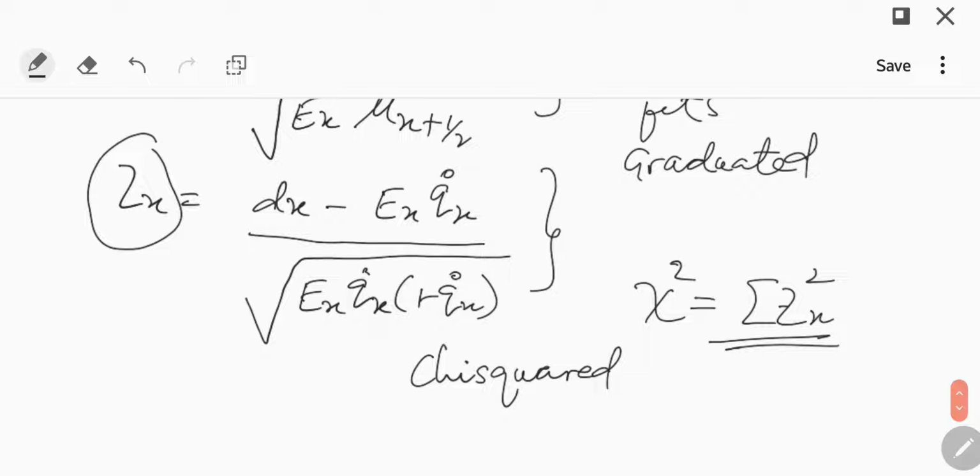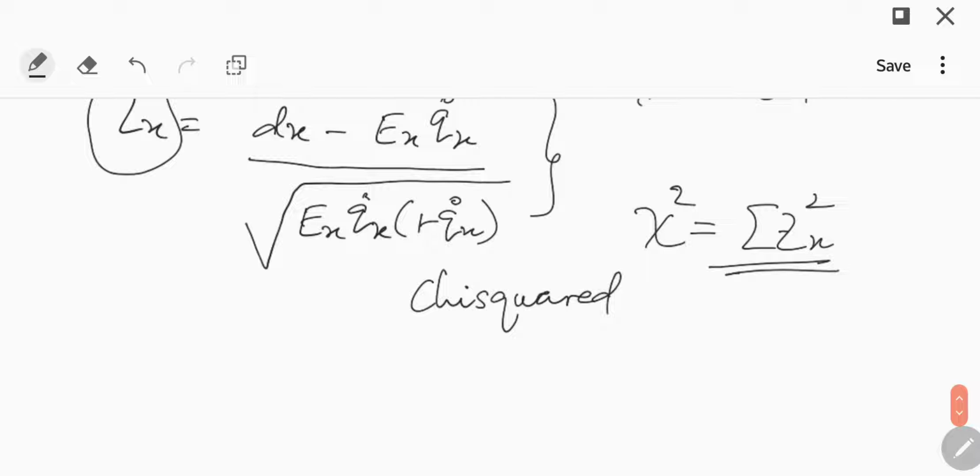And how many degrees of freedom do I have to use? For every comparison I have to find out the degrees of freedom I'm using. Generally it depends on the kind of graduation model that is being used, so we will use the degrees of freedom accordingly.